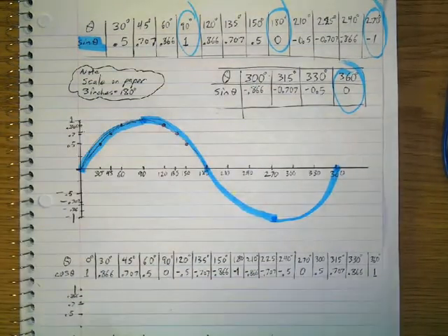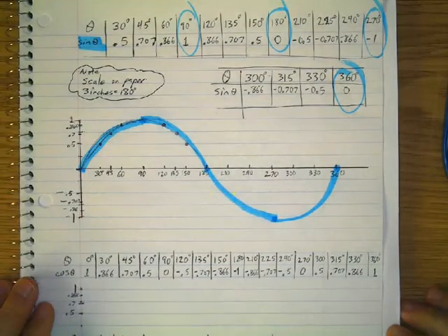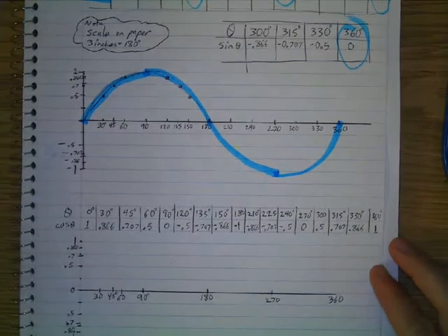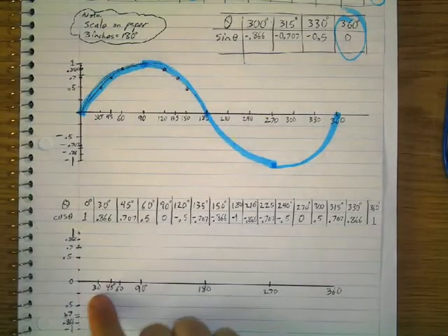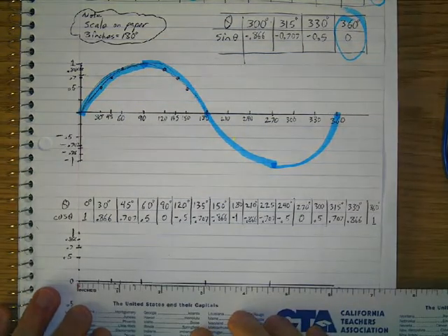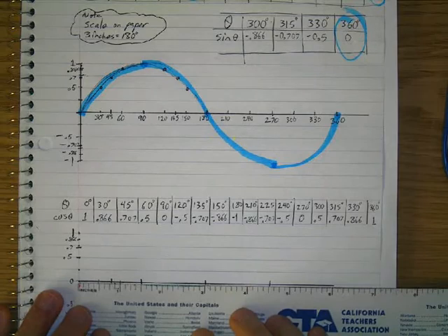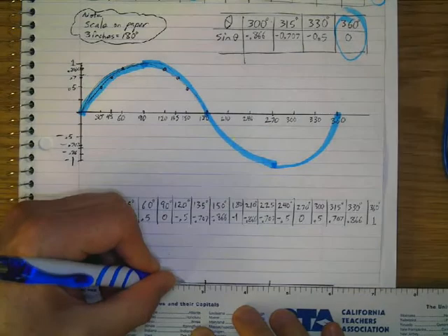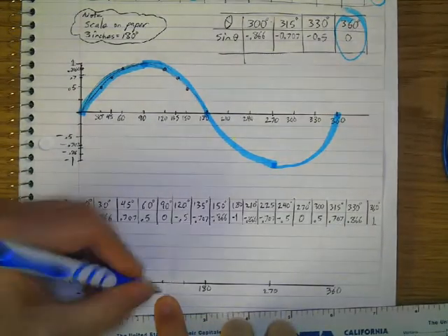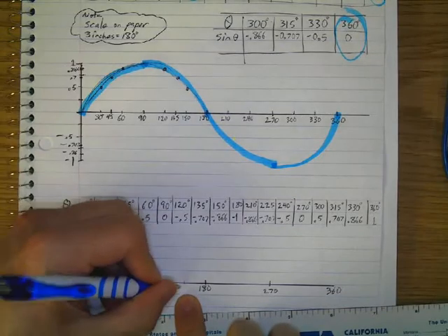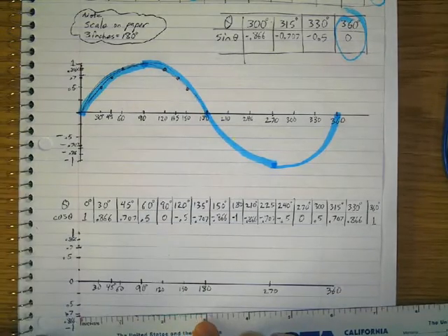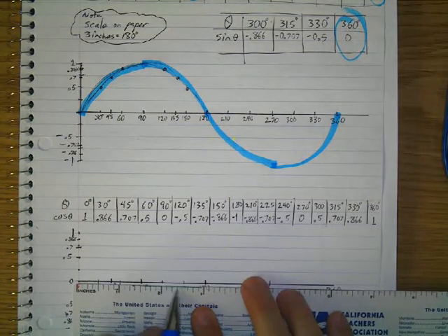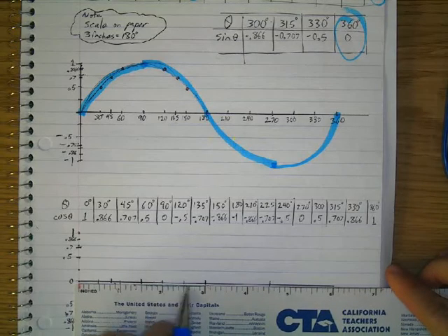Okay? So similarly, if you plot your points for cosine, so like I said, using my scaling that I measured, this here is at 120, this mark here is at 150, and so each of these 30-degree marks, I used half of an inch.